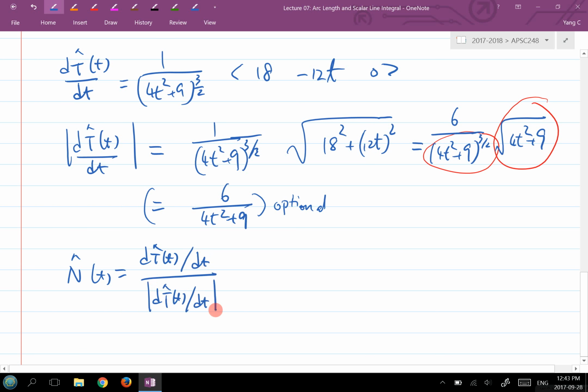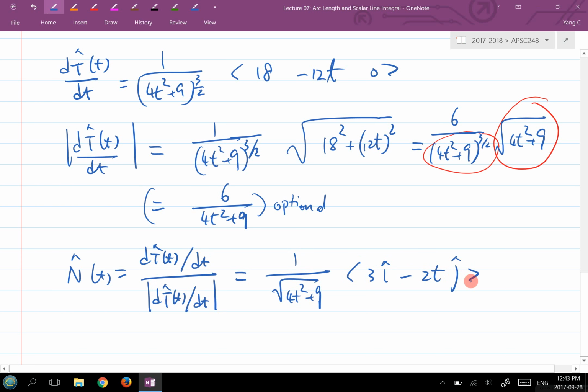Okay. And you get your n hat, which is 1 over 4t squared plus 9. Okay. Inside the vector here is 3 i hat minus 2t j hat.